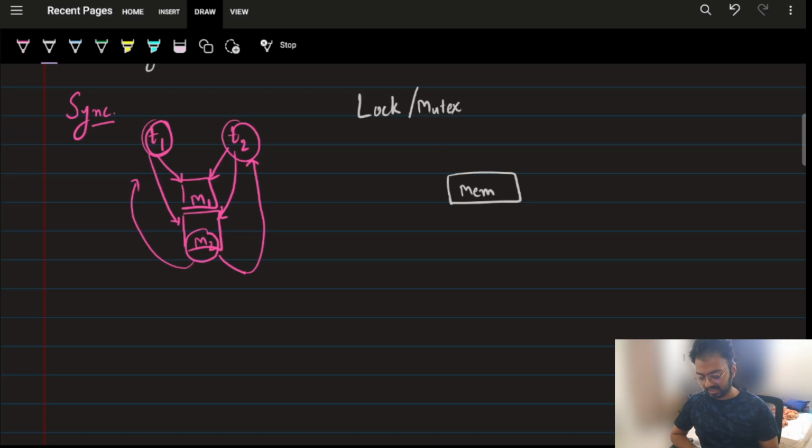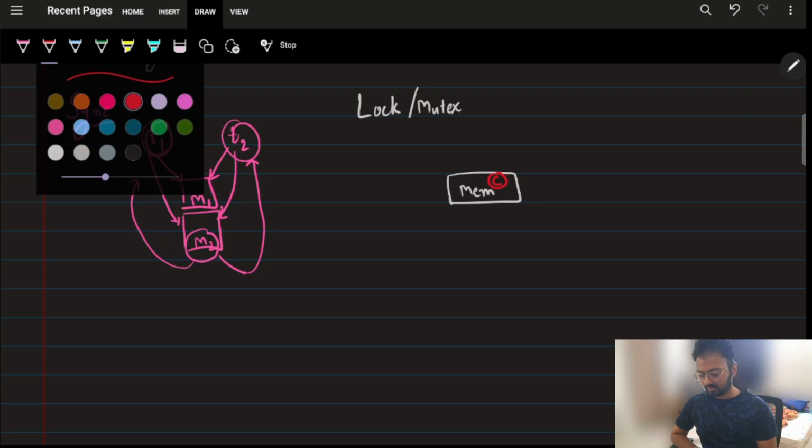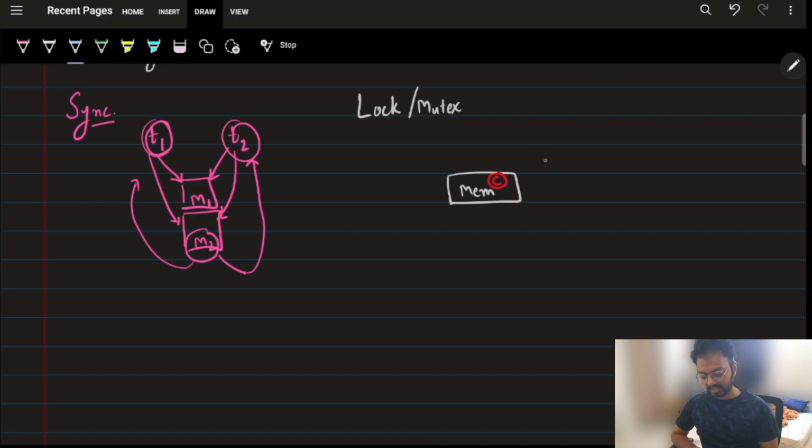We define this memory section as a critical section. When thread 1 is accessing this section, thread 2 must wait. Thread 2 will not access this memory until thread 1 has finished. This mechanism is known as a lock. So you have locked the memory against access by any other threads.